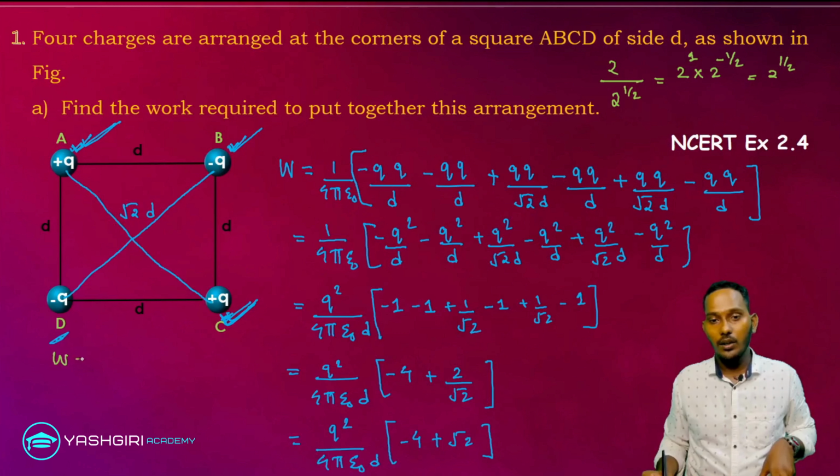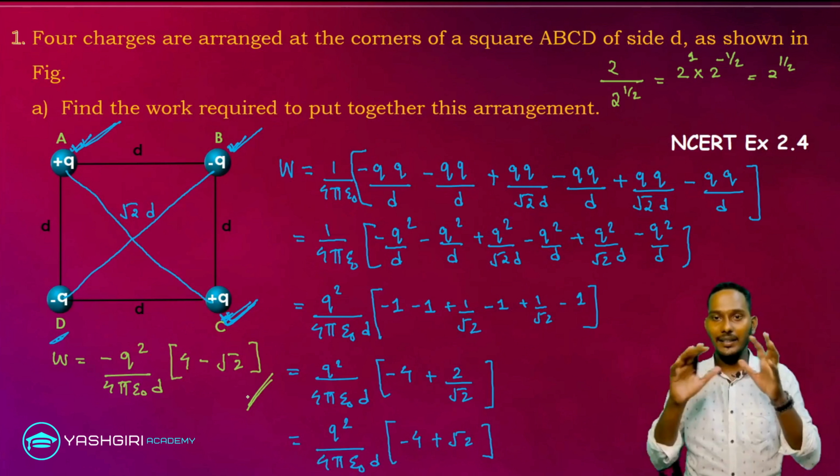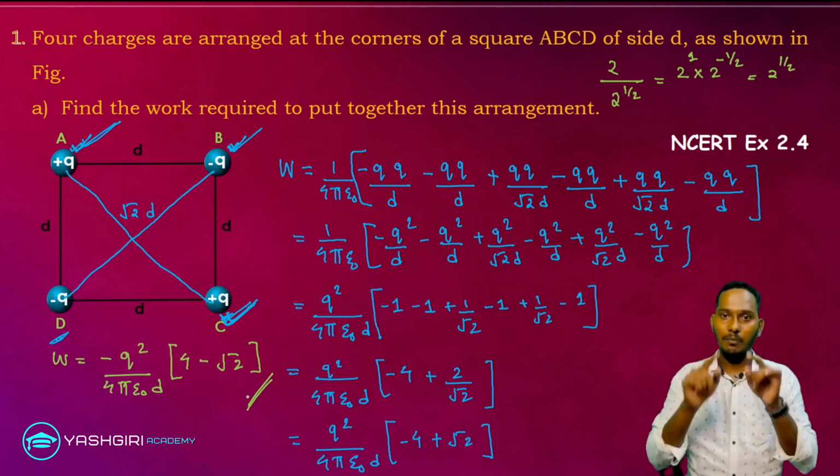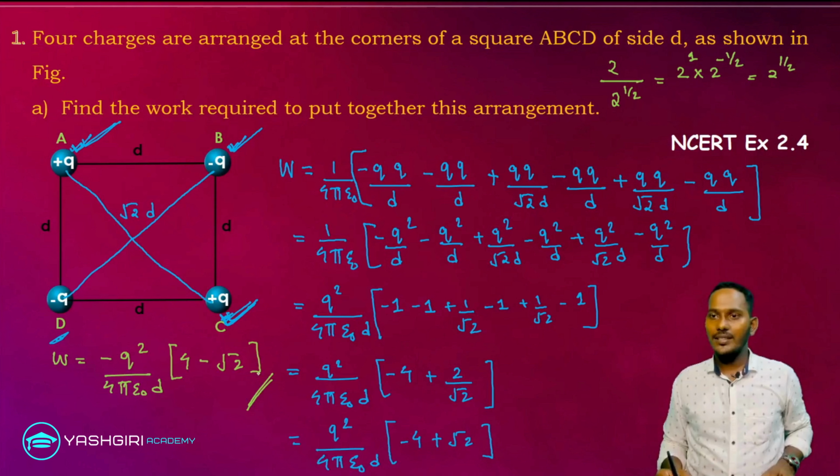The work done will be, students, I can say negative, if I take it out, q square upon 4 pi epsilon naught times d, and inside the bracket we will be having 4 minus square root of 2. So this is the work done in making this arrangement of the charges at point A, B, C, D that we are having here, right? So that's the answer. Now, students, let us go for the second part.